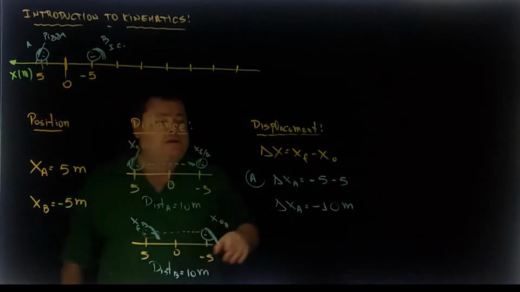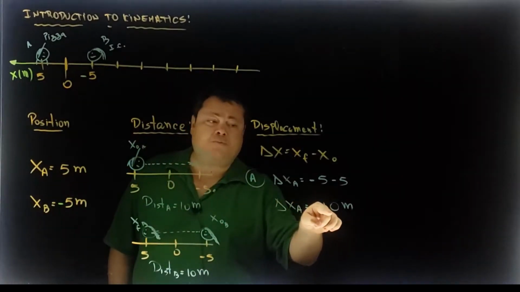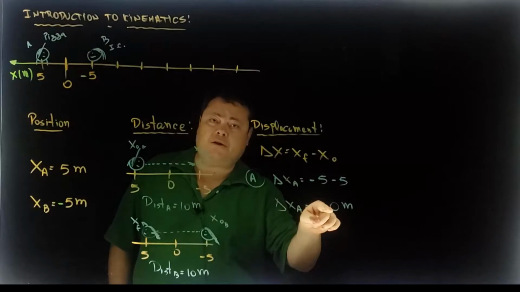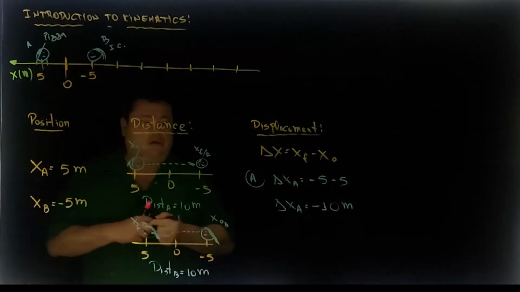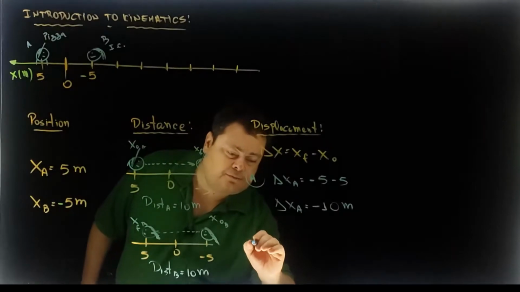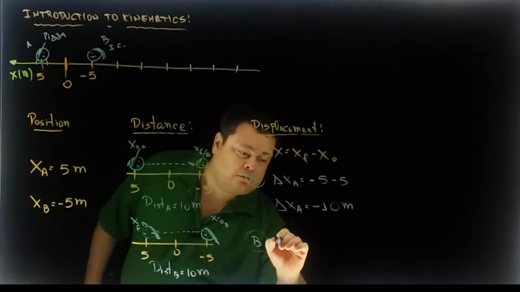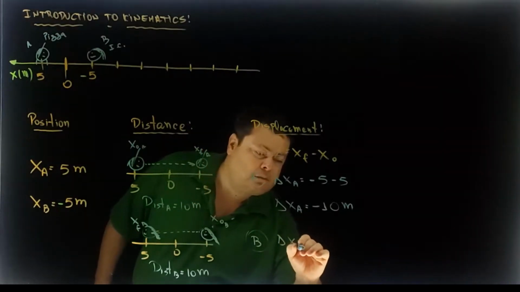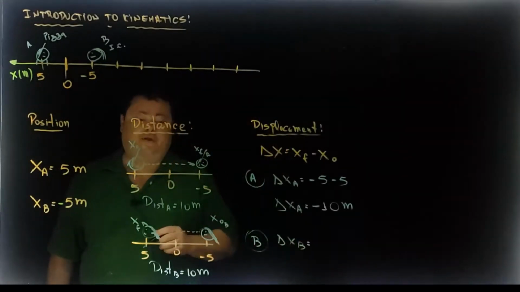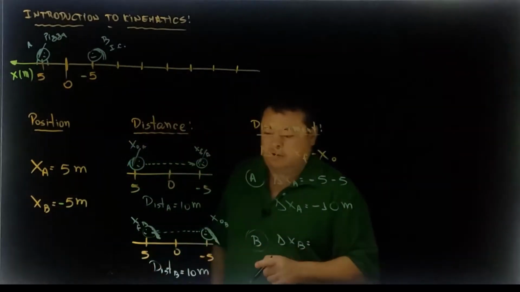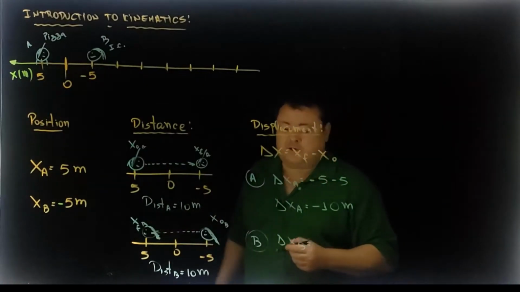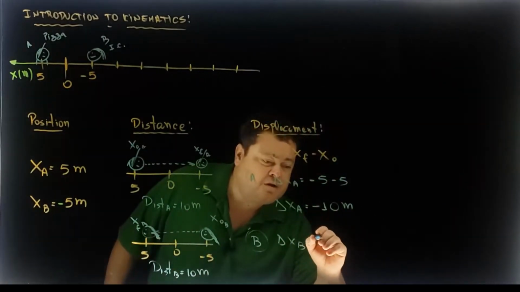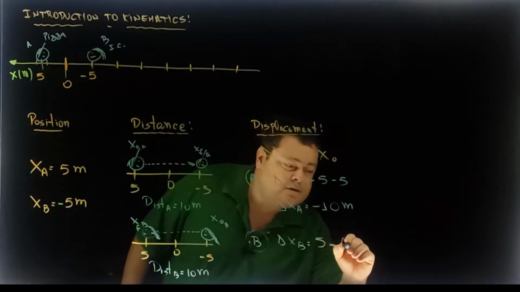And we need to understand this as negative 10 meters being he walked 10 meters, but in the negative direction. Her displacement is going to be different. Her initial position was negative 5, and her final position was 5. So her displacement is going to be 5 minus negative 5.